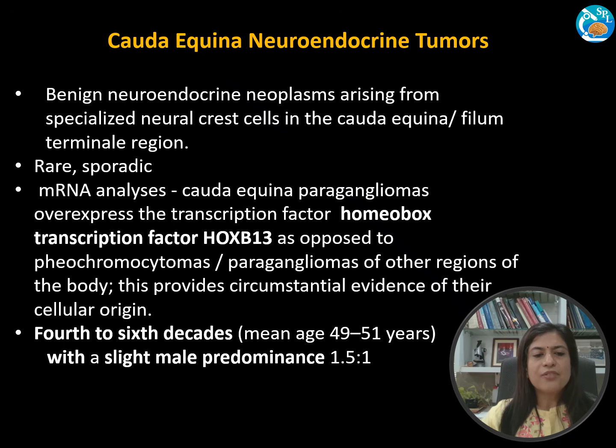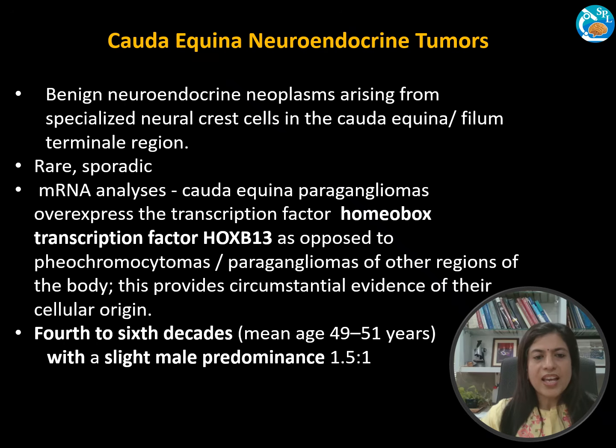Previously, these were classified as spinal paragangliomas, but because of their unique molecular genetic profile, WHO CNS5 has renamed them Cauda equina neuroendocrine tumor. mRNA analysis revealed that these Cauda equina paragangliomas express homeobox transcription factor HOXB13, which is developmentally expressed in the caudal extent of the spinal cord.